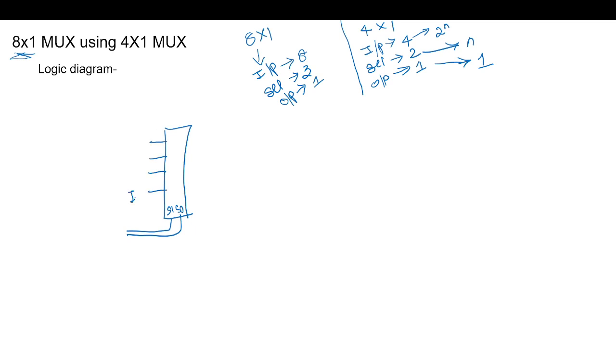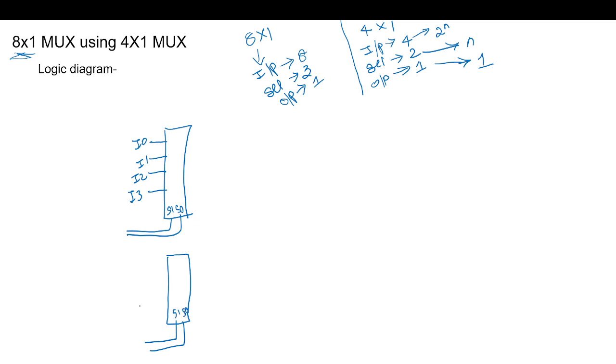So, last two, I will be having I3, I2, I1, I0. Again, when S2 is 1, this S0 and S1 will be having all the 4 combinations. So again S1, S0.